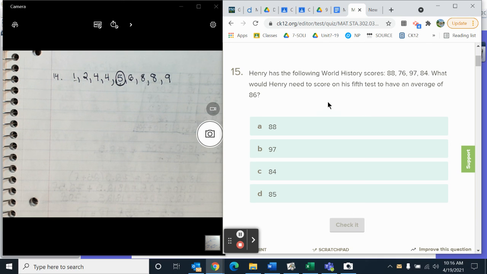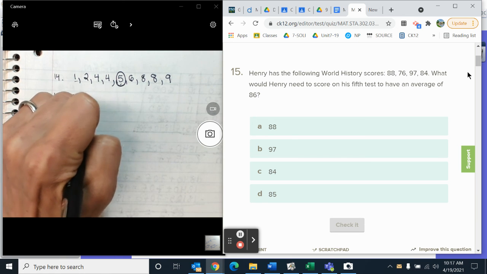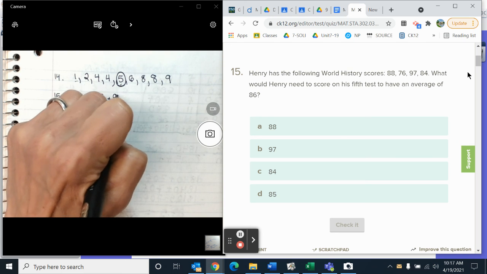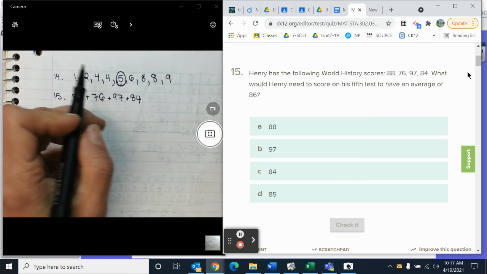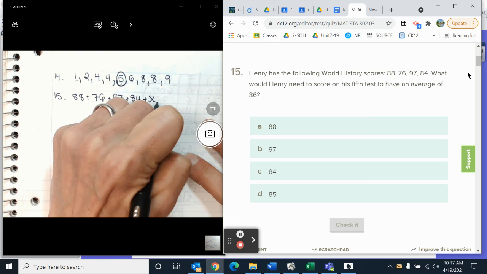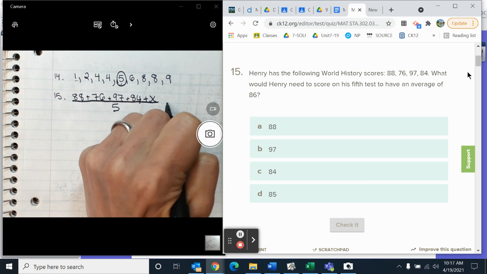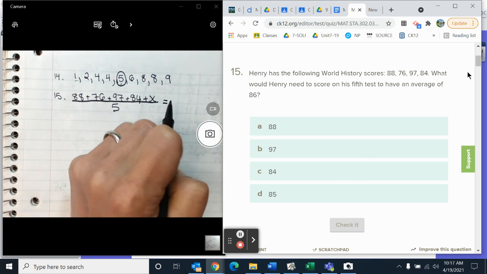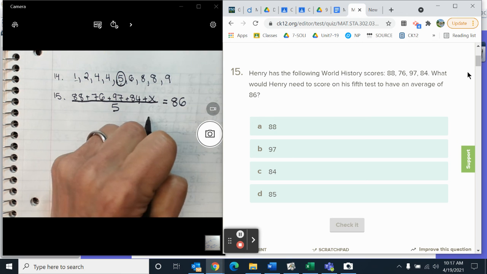In this last question, Henry has scores of 88, 76, 97, plus 84, and we want him to have an average. So all 5 of these history scores will have to average to 86. So the total sum of all of his scores needs to be 430.